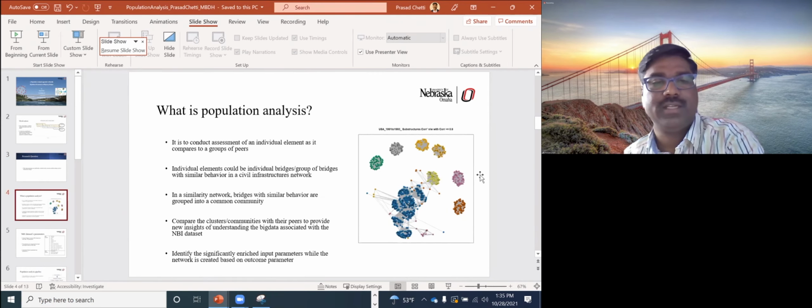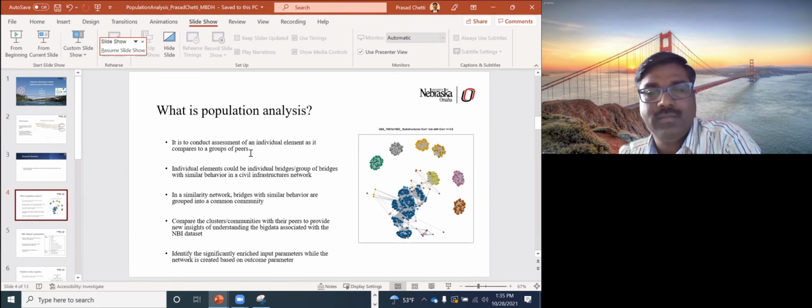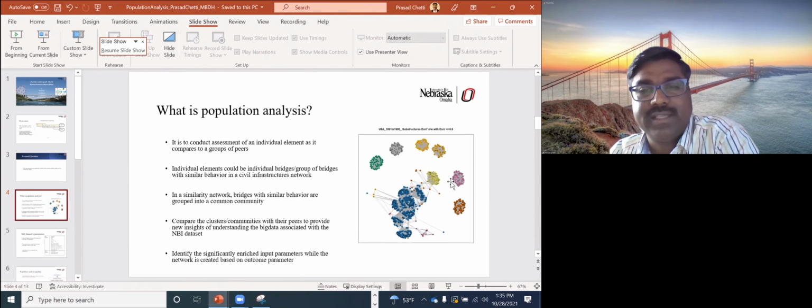To answer this research question, I am using a population analysis technique. Basically, this population analysis is to conduct assessment of an individual element as it compares to a group of peers. For example, here you see a correlation network of 1136 bridges.